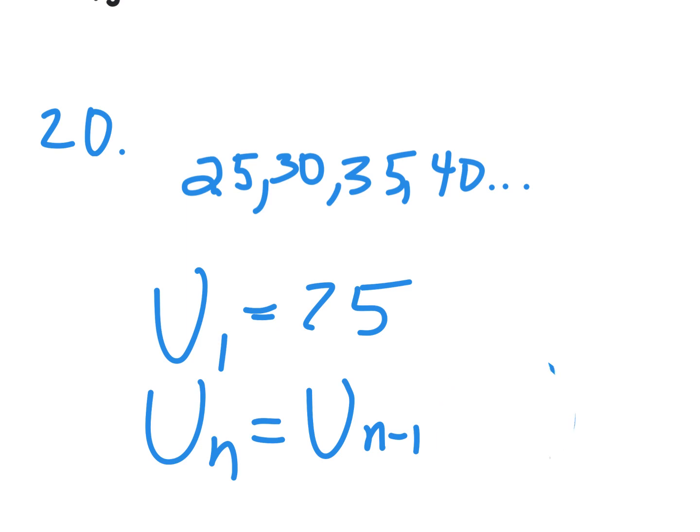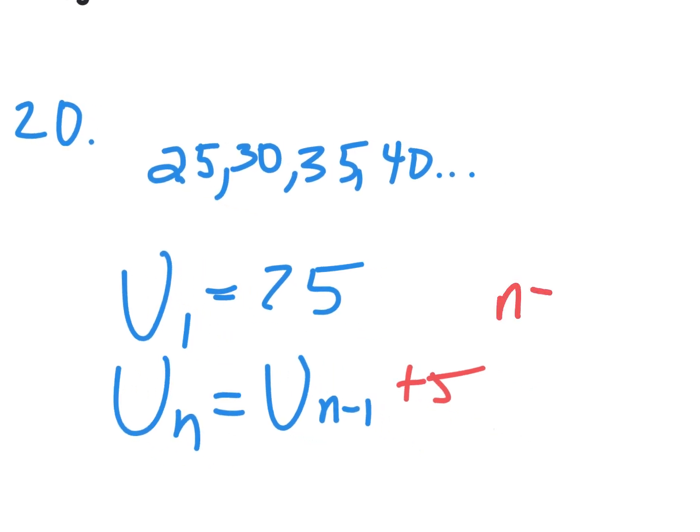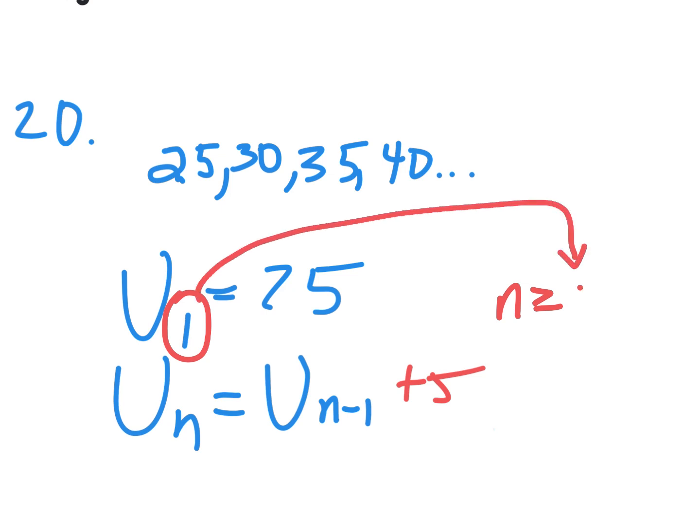But in mine, that I'm just giving as an example, I was just adding 5 each time, so I could put plus 5 right there. And then don't forget when you write a little formula like that, you always say n is greater than or equal to 1 bigger than this. So you usually have u sub 1, so then it's n is greater than or equal to 2. A lot of people are going to forget that on the test, and they'll lose a few points.